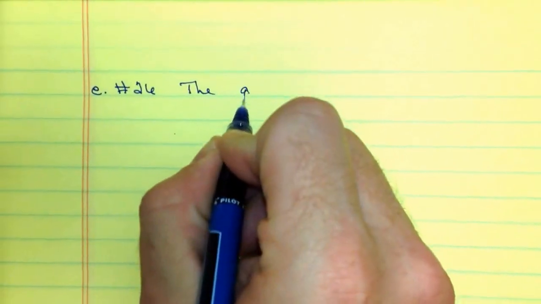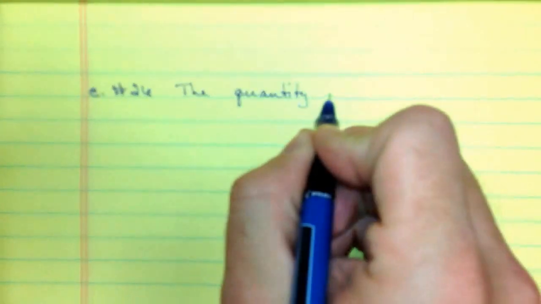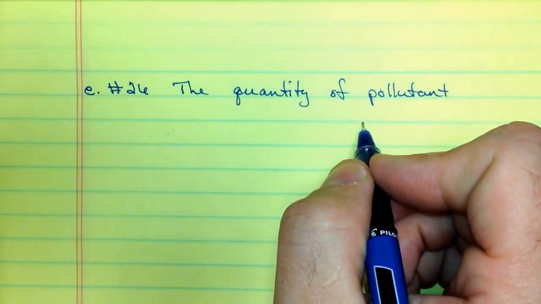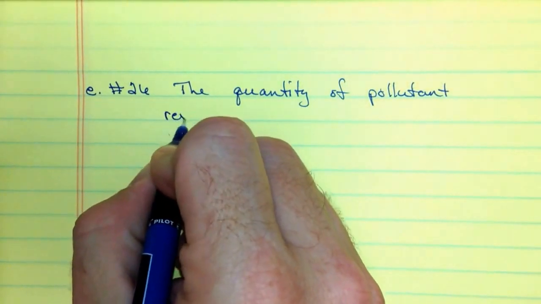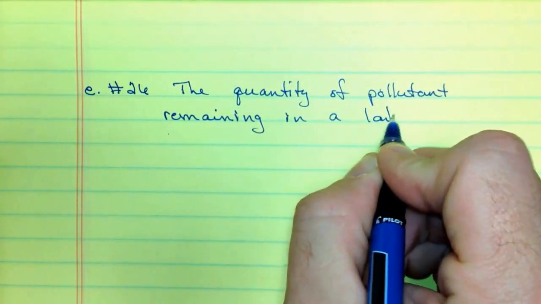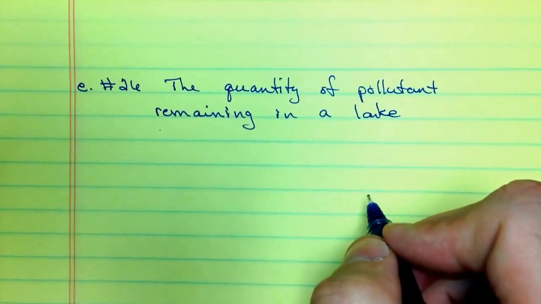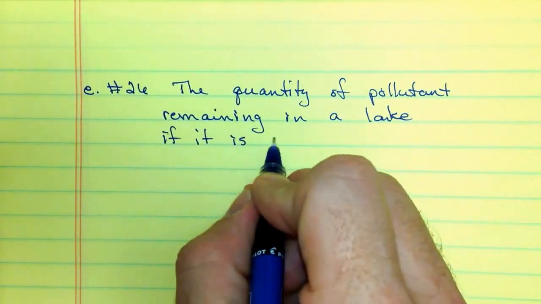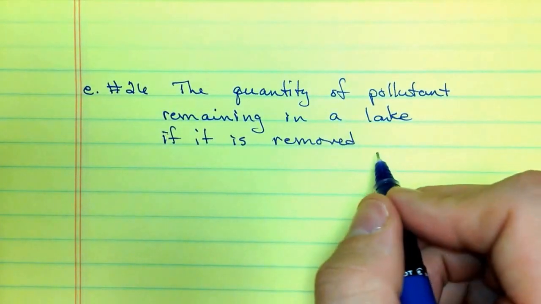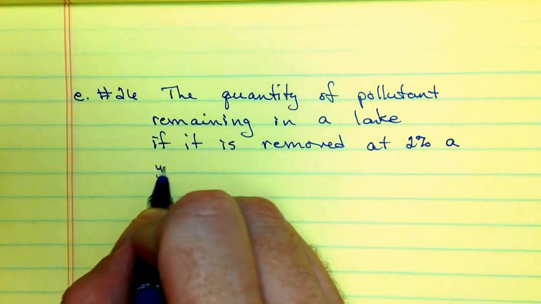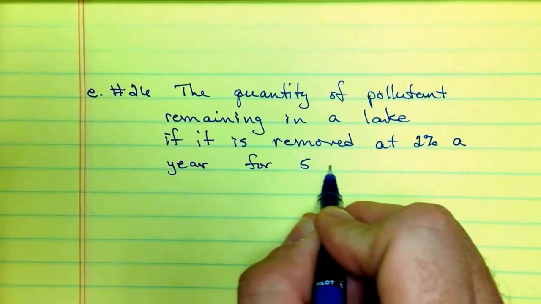So we're told the quantity of pollutant remaining in the lake if it is removed at 2% a year for 5 years.